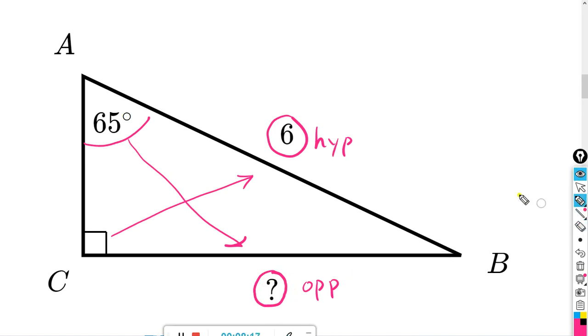So remember, we're dealing with the trig functions. You remember SOH CAH TOA. So we have opposite and hypotenuse. Which one uses opposite and hypotenuse? Right here, opposite, hypotenuse. So that's going to be the sine function.